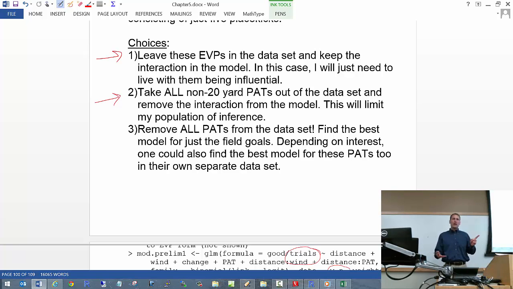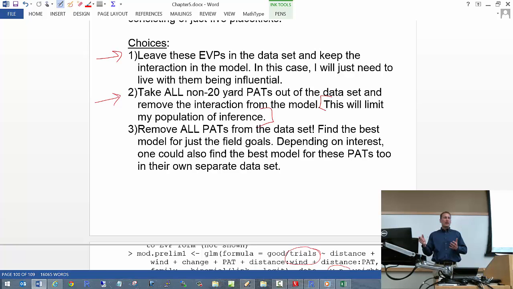When you do that, you have to be careful in understanding the consequences. This will limit my population of inference, meaning I cannot draw conclusions about non-20-yard PATs when it comes to place kicking, because I have excluded the possibility of getting that kind of observation from the population.